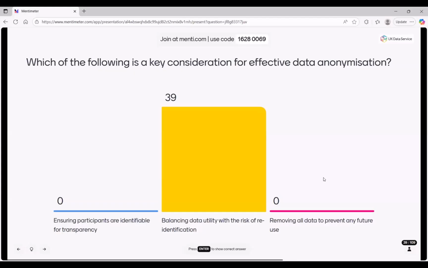So effective anonymization, therefore, requires finding the right balance, preserving enough detail for the data to be useful while reducing or masking identifying features to minimize privacy risks. This balance is essential to maintain both the integrity of the research and the trust of the participants. So yeah, that is right. Thank you very much. Let's get back.